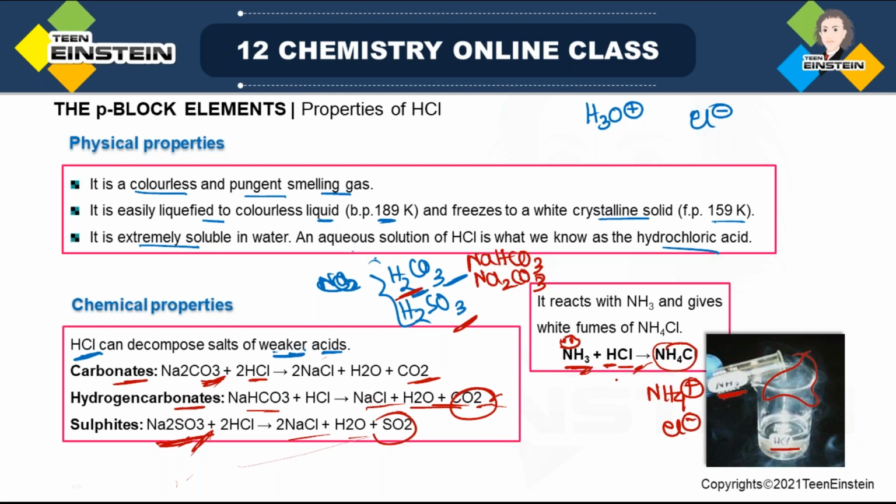Suppose you do not know whether some gas is ammonia or not, you pour NH4OH, that is a water solution of ammonia, which is also basically a source of ammonia. So if you want to prove whether any gas is HCl or not, you can take ammonia solution NH4OH, and you can also do the reverse reaction. That is, if HCl is known, but you do not know whether the other one is NH3 or not. Okay.